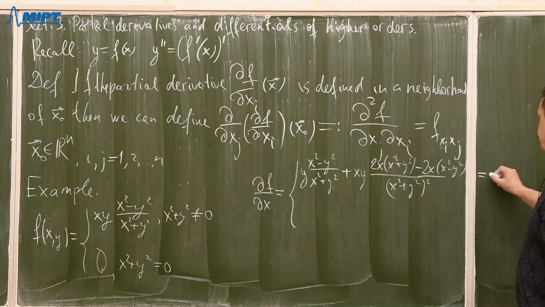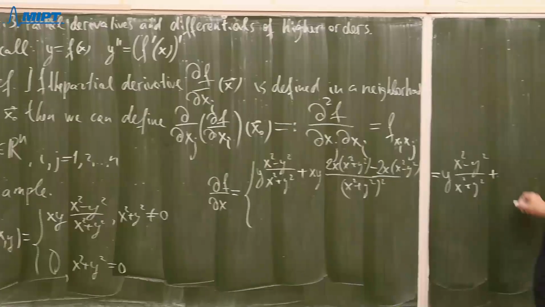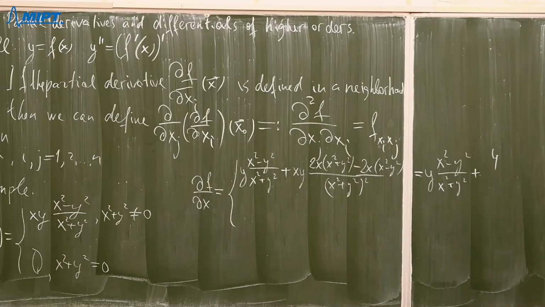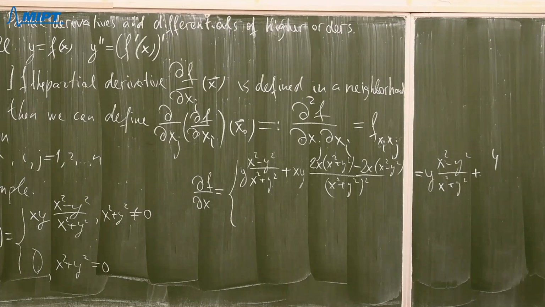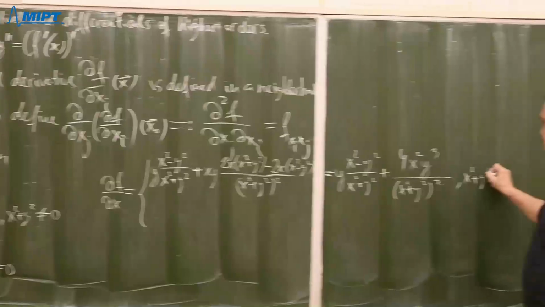Okay, let me write like that. y times (x squared minus y squared) over (x squared plus y squared) plus we have 4x squared y cubed over (x squared plus y squared) squared, for x squared plus y squared not equal to 0.